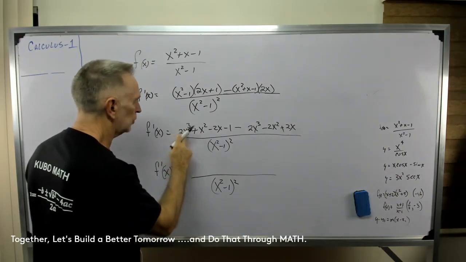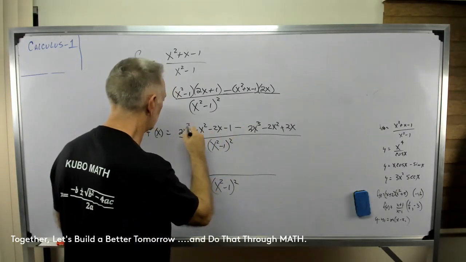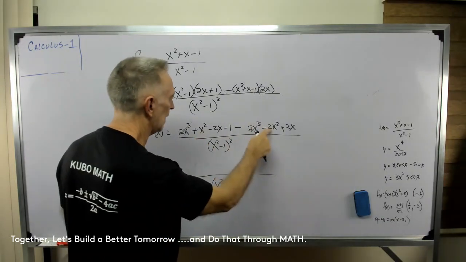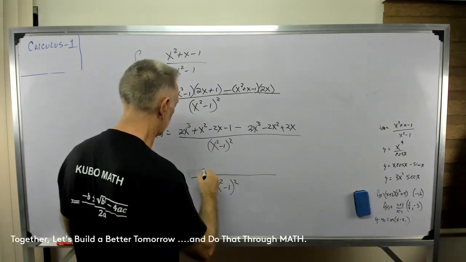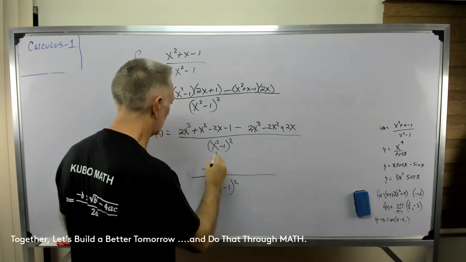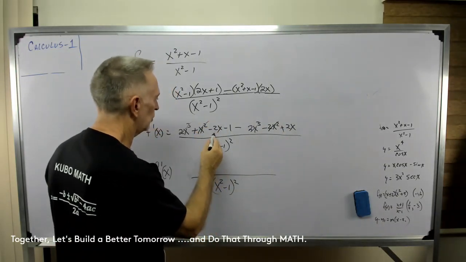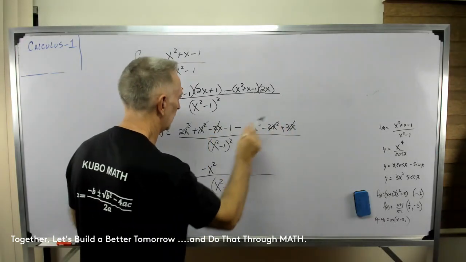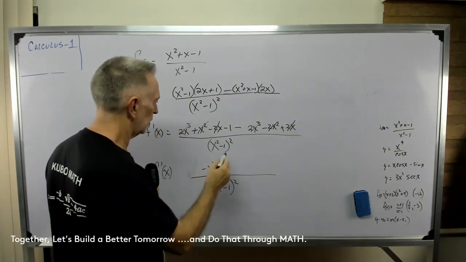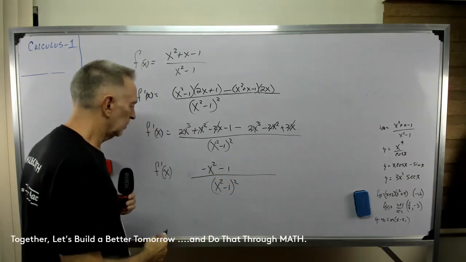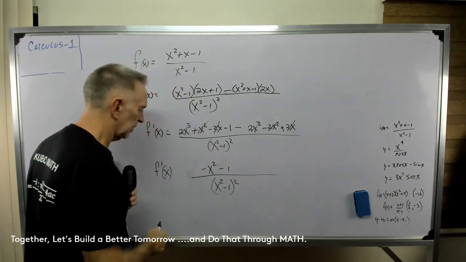Okay, 2x cubed minus 2x cubed, those cancel. I have x squared minus 2x squared, which gives me minus 1x squared. Minus 2x plus 2x, that goes away. Oh, this is awesome. Minus 1. Okay, so there you have it.